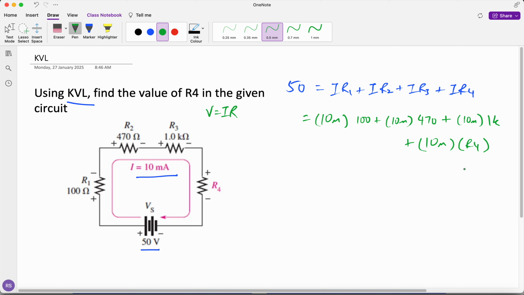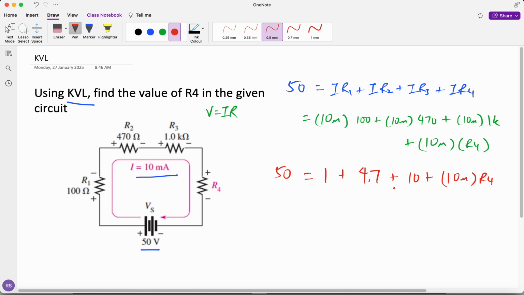Now let's go ahead and compute the first three expressions here. So 10 milli times 100, I will get 1, plus 10 milli times 470, I will get 4.7, plus 10 milli times 1K, I will get 10, plus this 10 milli multiplied by R4, and this is equal to 50.